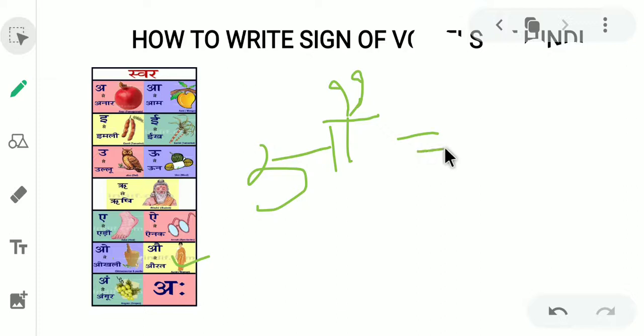You can write the sign of ow like this. So it is the sign of ow. Now let me erase it.